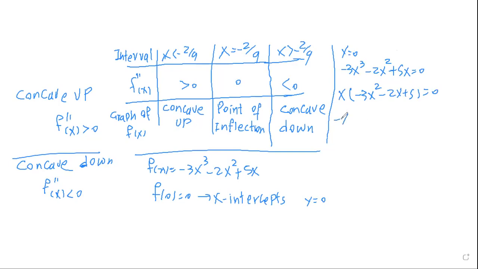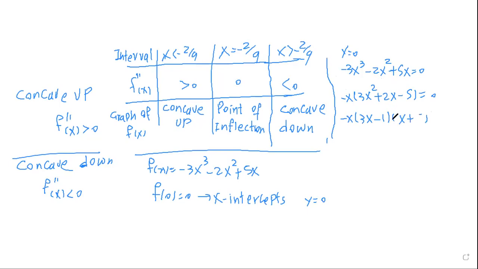Then if you factor out negative x, you get negative x times (3x squared plus 2x minus 5) equals 0. That factors as negative x times (3x plus 5) times (x minus 1), equals 0. Check: 3x squared, negative 3x, and then 5x, that's right.